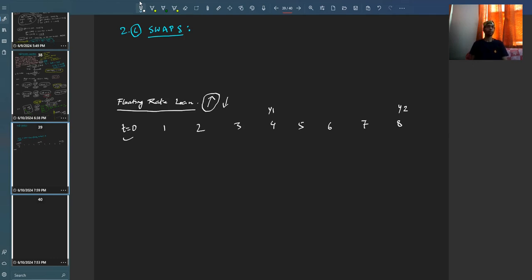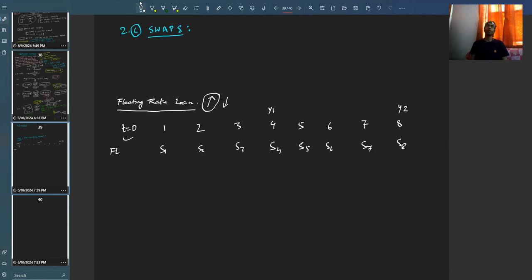Now how do you do that? Let's take an example. Let's say you have this floating rate loan, let's call it FL, and because it's a floating rate loan, you have variable payments. Let's say they are given by S1, S2, S3, S4, S5, S6, S7 and S8.